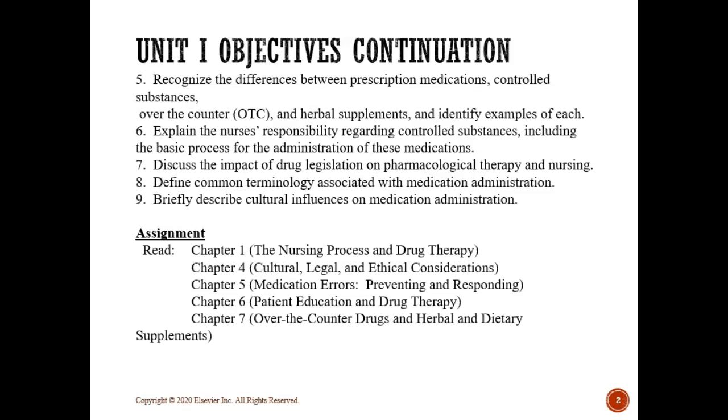Everything you need to know for the objectives of this course, and for exams, should be within your lectures and your handouts or outlines. But if there's something you don't understand and you want to read more about it, feel free to read your book, and that's why you have it.